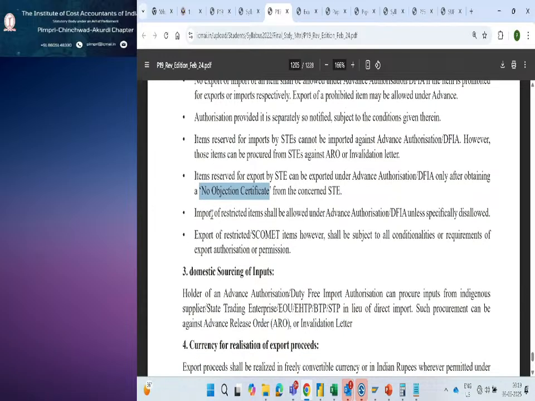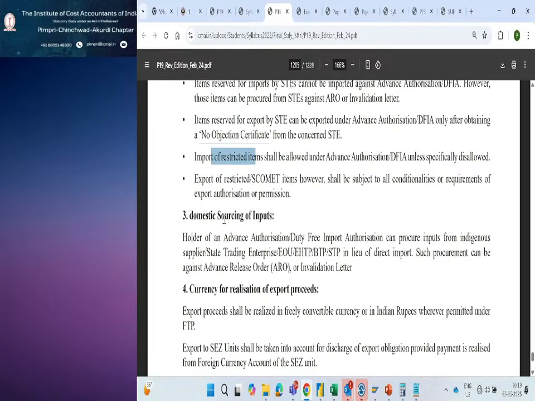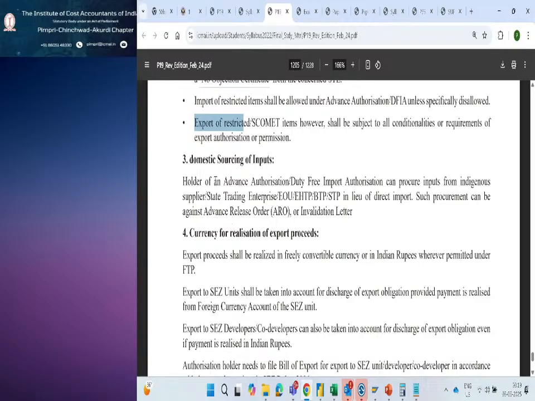Then import of restricted items: if they say these are restricted or prohibited items, you are not eligible to do the export or import, and if you specify those items in the application to obtain the license, then you will not get it. Then, again, this is export of restricted items.